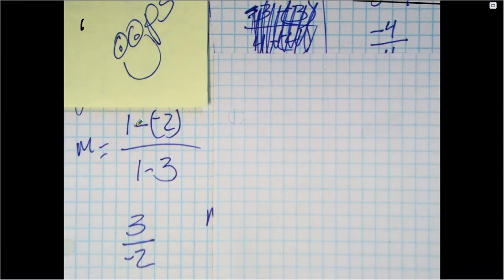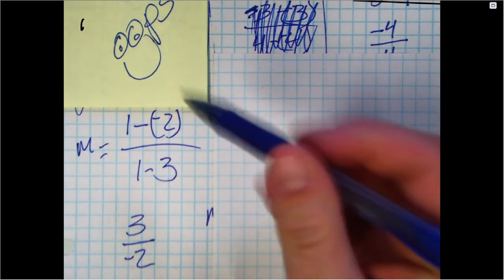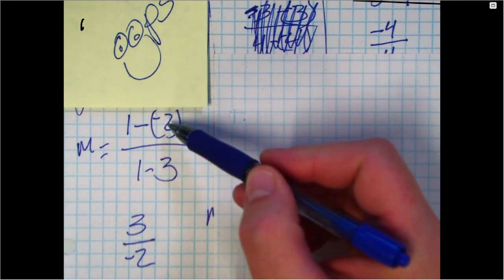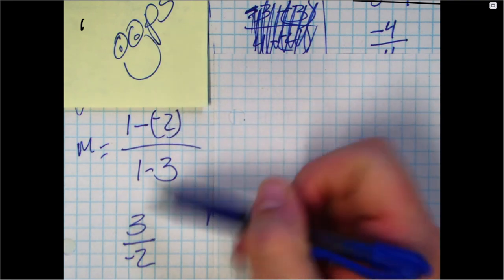So y2 minus y1 over x2 minus x1. So 1 minus -2 is 3.